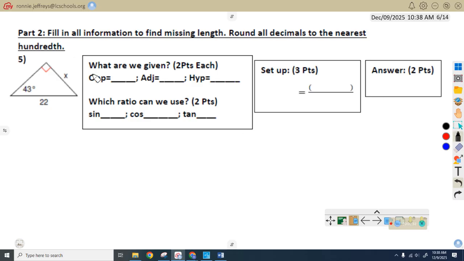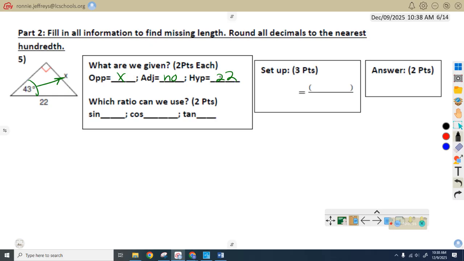All right. So, number 5, so here's our angle. We are given the opposite, which is x. Are we given the adjacent? No. And we are given the hypotenuse. Yes, you actually have to write a no in the side that we don't have.